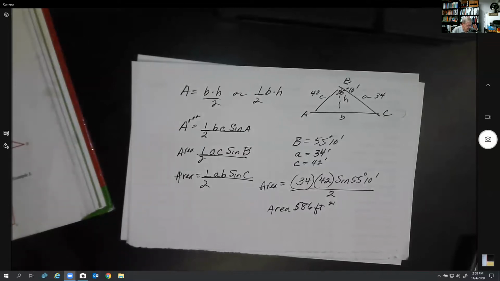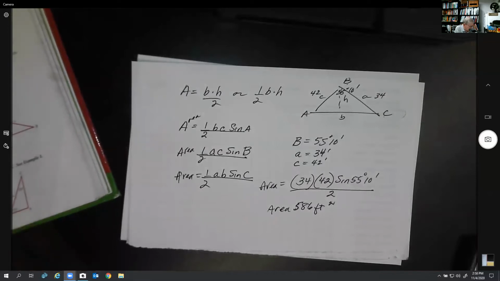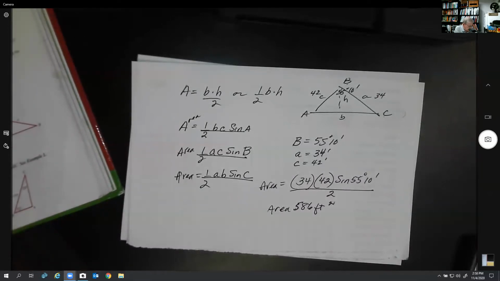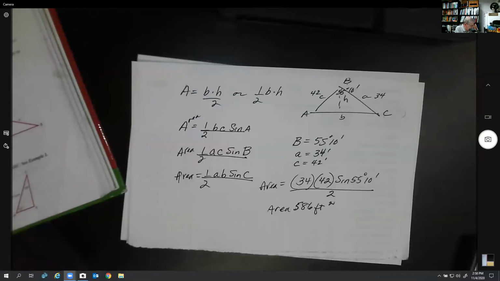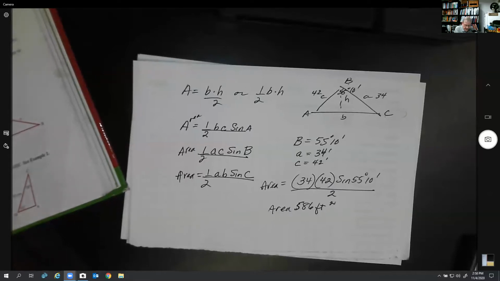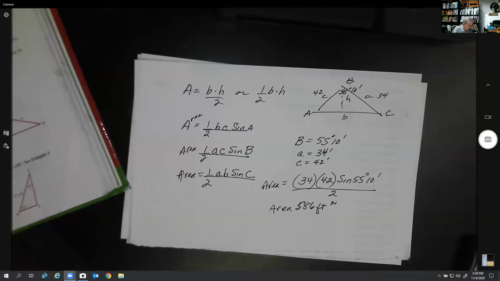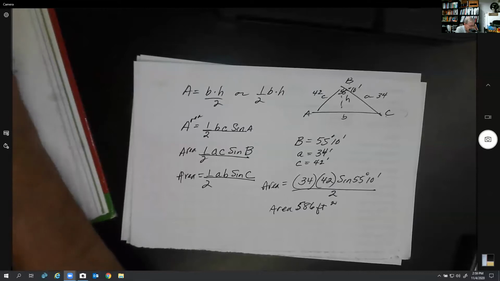But that's kind of the idea behind it. On this next one, I'm not going to do it, but they have to find side B in order to do it, because they have to use the law of sines to calculate the missing side. We could either find A or C, but they have to use the law of sines to calculate it. And that's what they're doing up here.